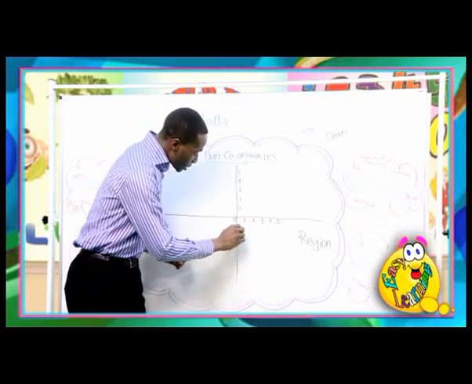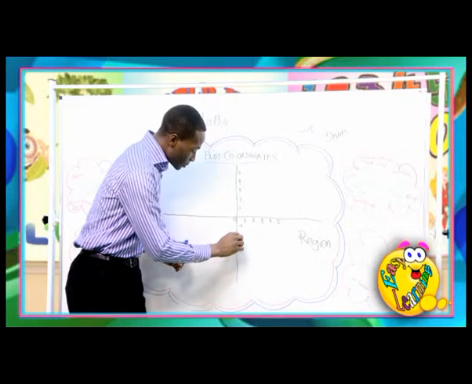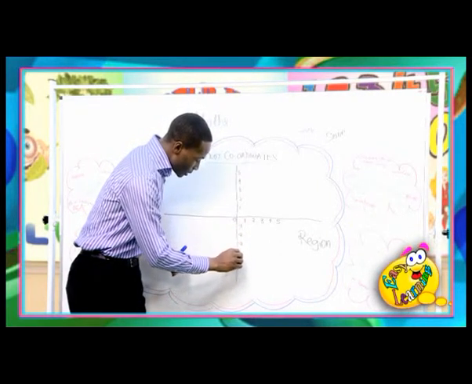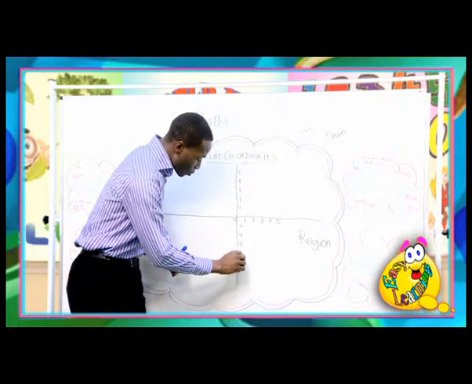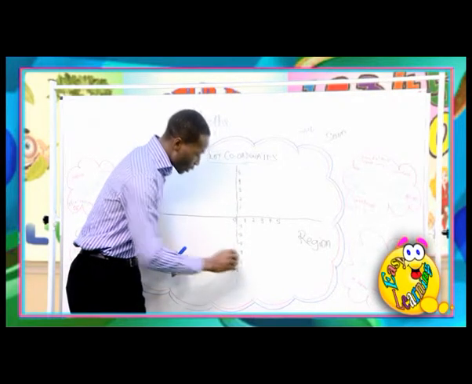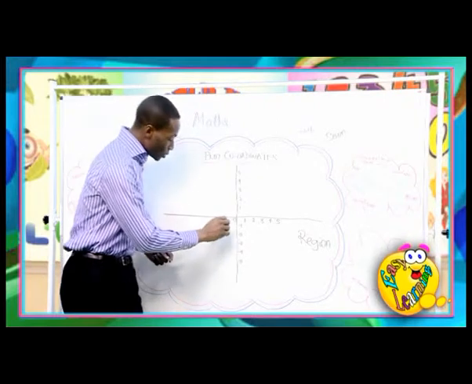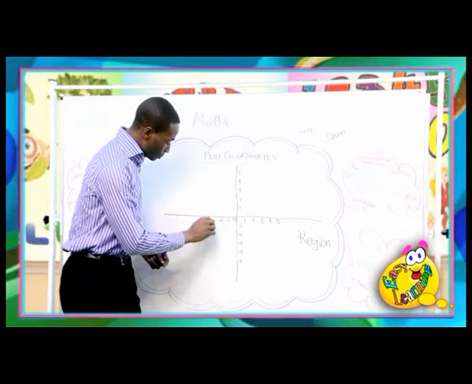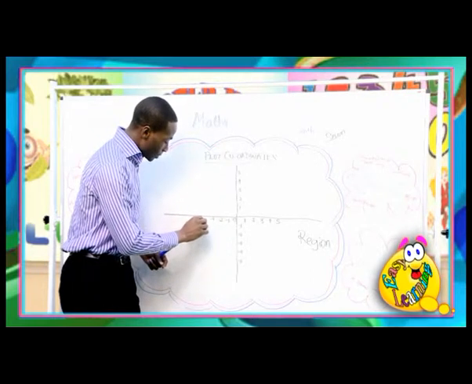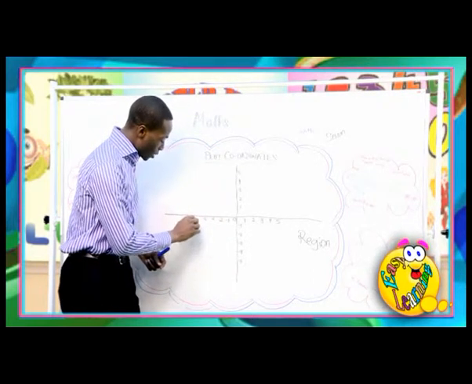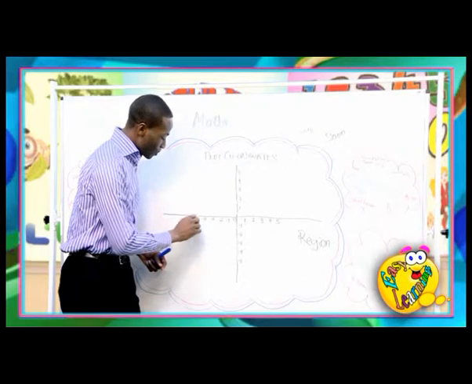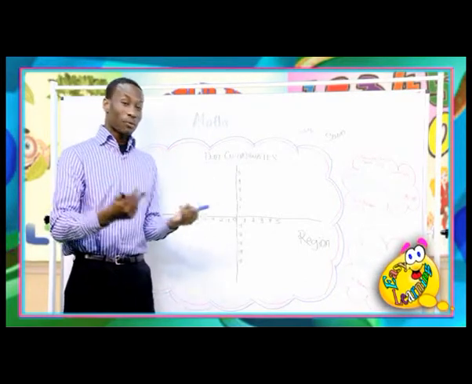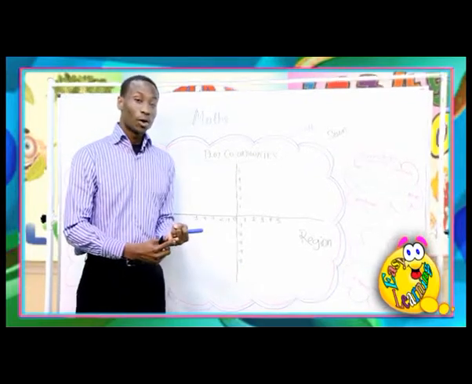So this would be -1, -2, -3, -4, and -5. While in this section, we'll have -1, -2, -3, -4, and -5.